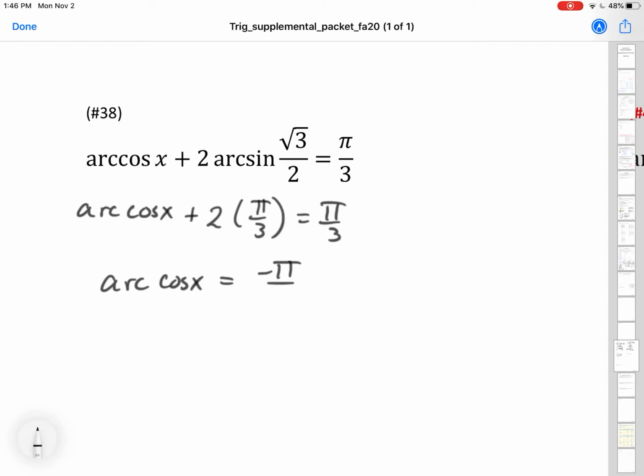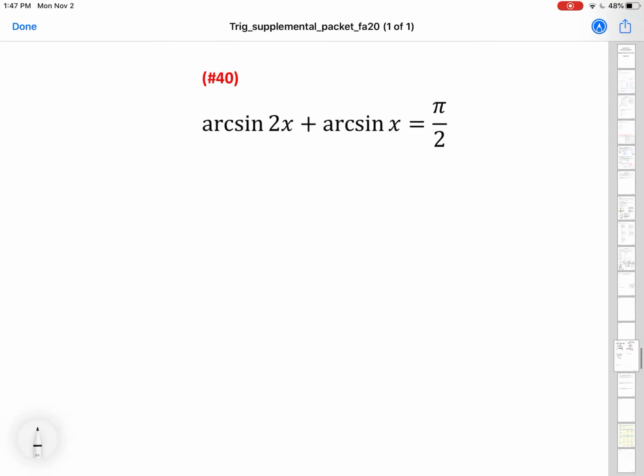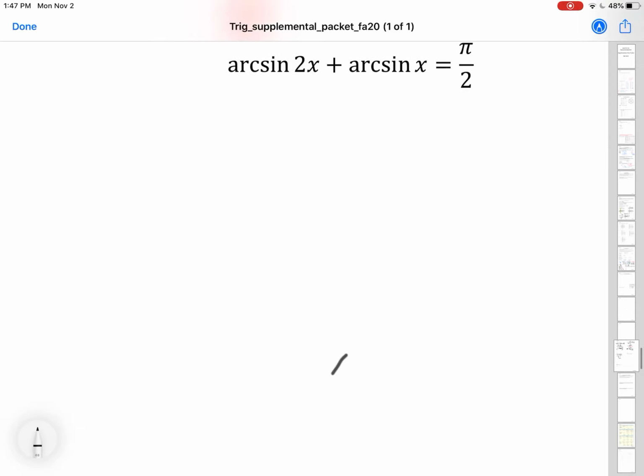That's just minus pi over 3 if I bring that over. They're going to say that this has no solutions because arc cosine of a value needs to be between 0 and pi, and negative pi over 3 is not in that region. So we're always respecting the range. And that's a no solution one as well. So that wasn't quite the same.